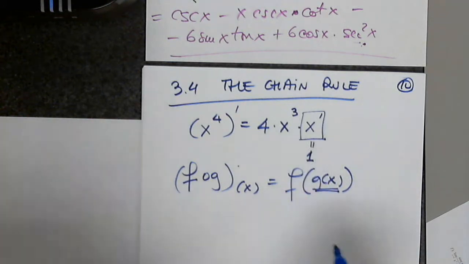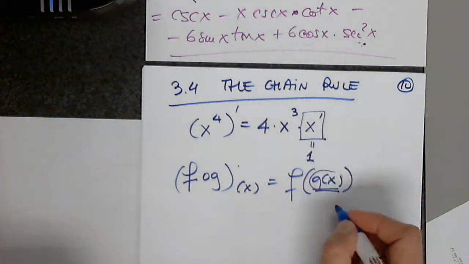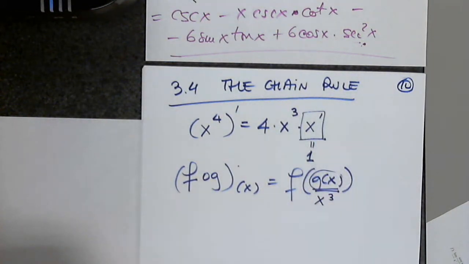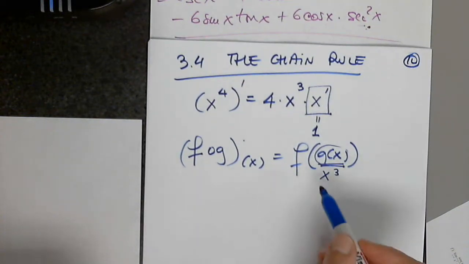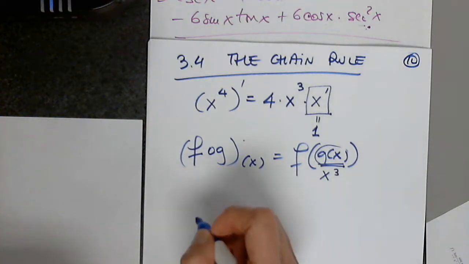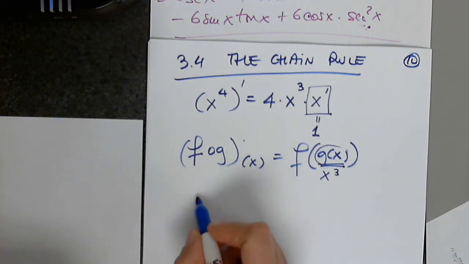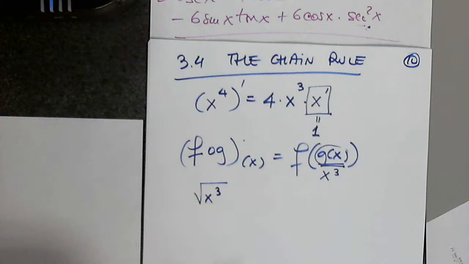But I could have, instead of x, for example, x to the third. So let's say I have the square root of x to the third.